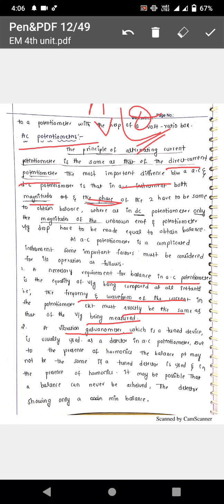Usually a vibrational galvanometer is used as the detector. In DC bridges we use a tangent galvanometer or directional galvanometer, but in AC bridges we use a vibrational galvanometer. Similar to that, in AC potentiometers we use a vibrational galvanometer.